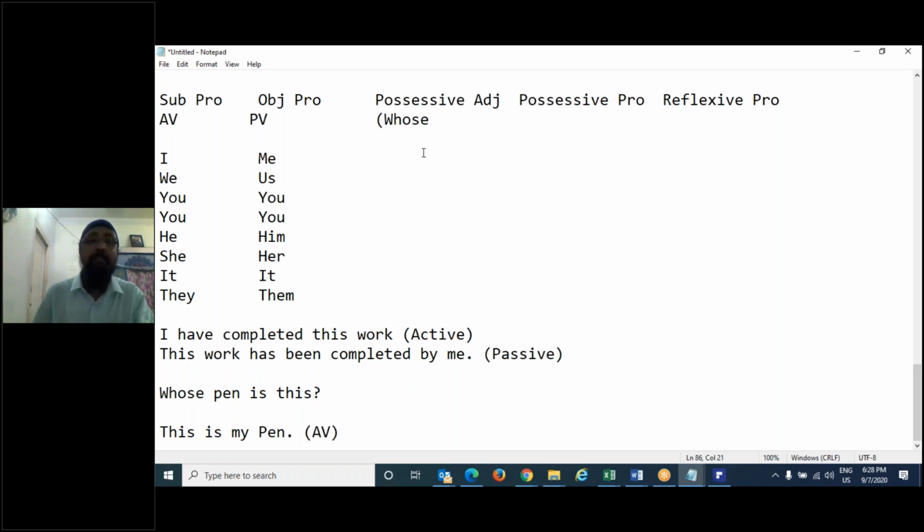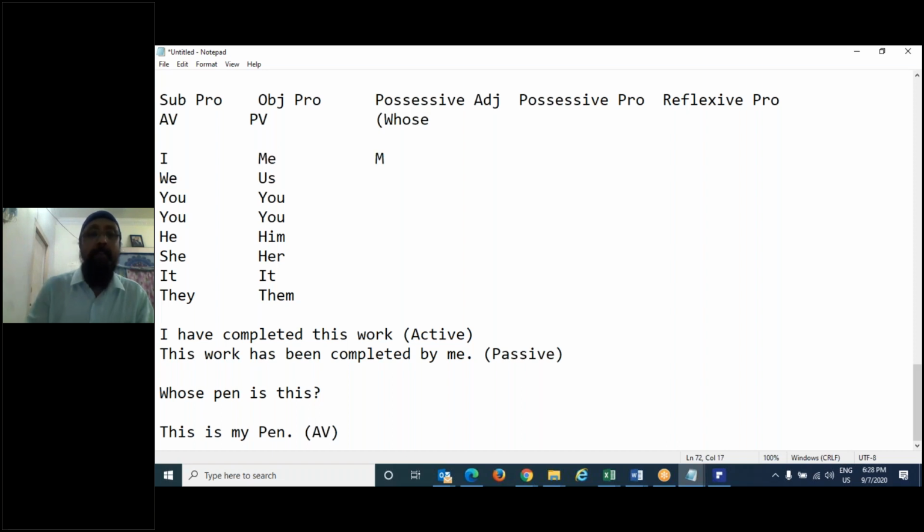So what are those pronouns which convert to possessive adjectives, and they are placed before the noun and refer to possessiveness or refer to active voice.